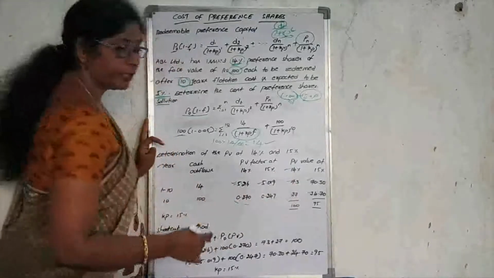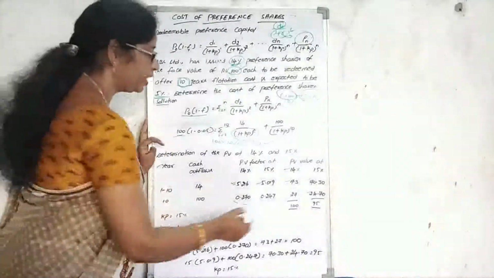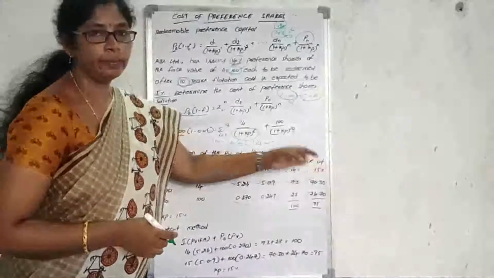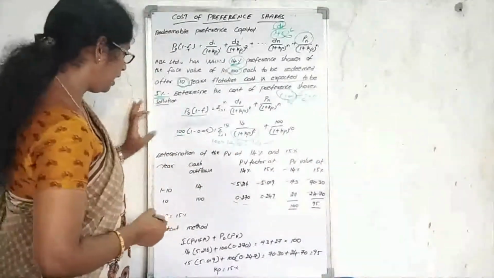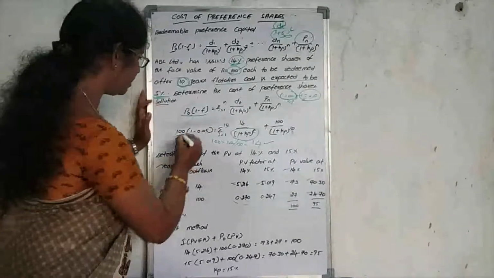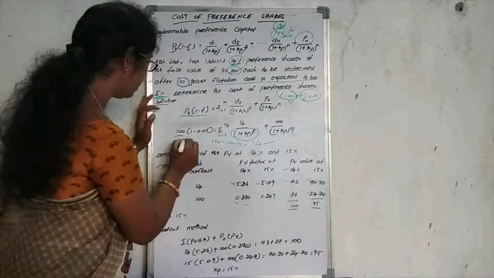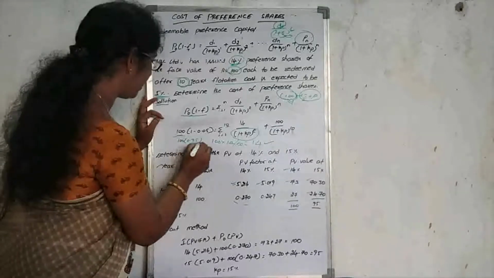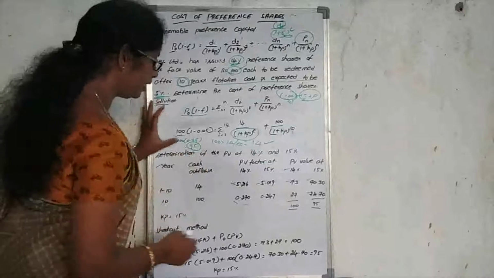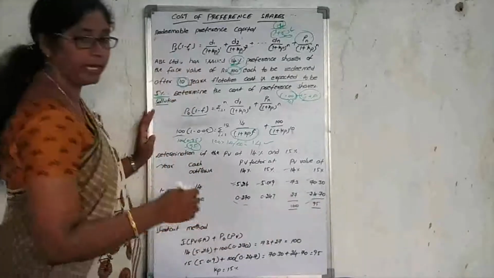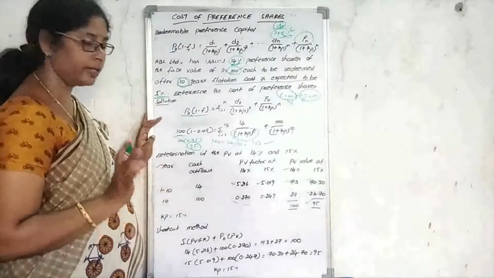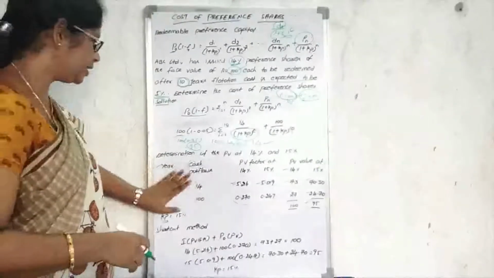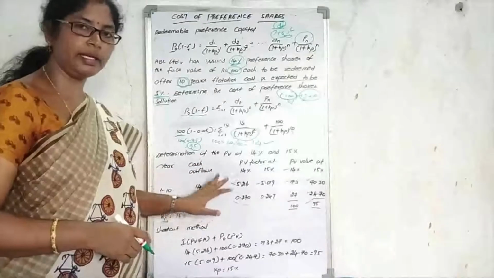At the 15% factor, we get 95 rupees. So our sale proceeds value is 100 rupees. Where is it reached? At the 14% discounting factor. So KP equals 14%. This is one method we can use to determine the cost of preference.